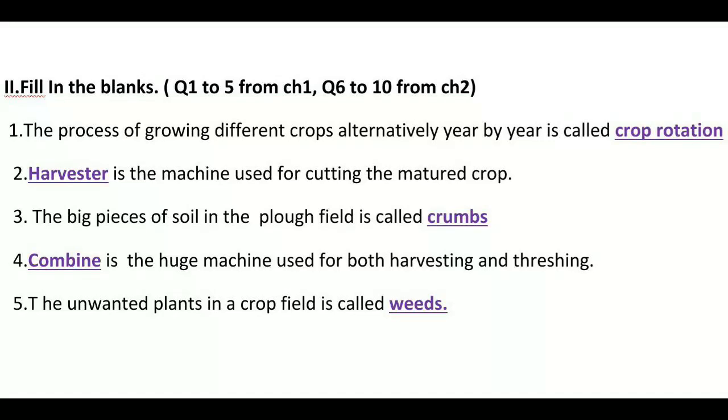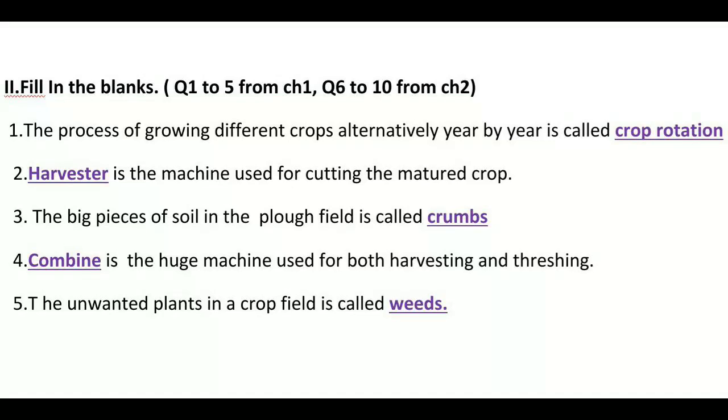The next question, dash is the huge machine used for both harvesting and threshing. See, nowadays farmers have large land, and they use a huge machine called a combine. Combine is a huge machine which will do both processes, harvesting and threshing. So this combine machine is helpful for saving time.